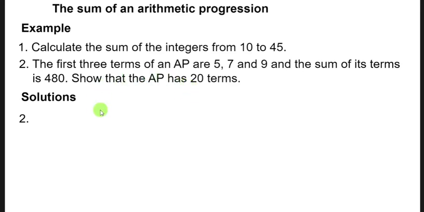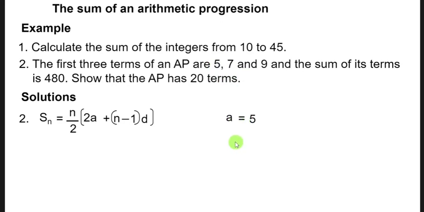Now since we do not know the last term, we are going to use this formula: Sn is equal to n over 2, open brackets 2a plus open brackets n minus 1, close bracket d. Where a is the first term. If they are saying the first 3, then the first term is 5.